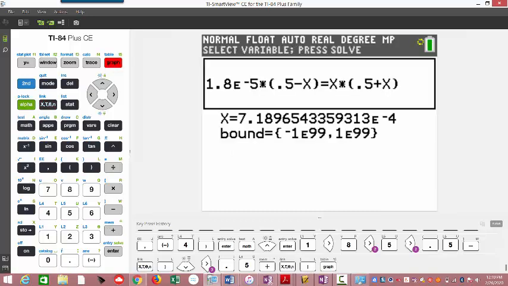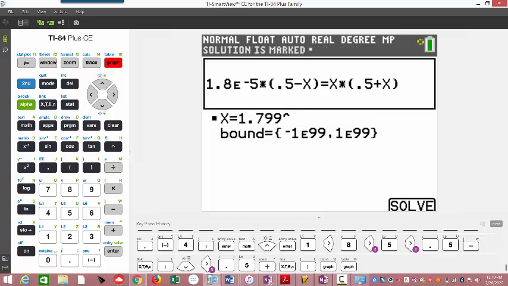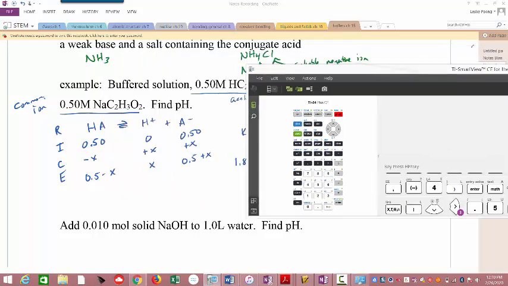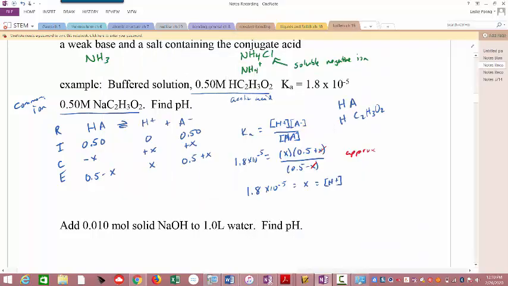And so we hit OK to solve. We've got our answer from the last time we did it, so we hit solve again. And we have 1.799 times 10 to the minus 5, which confirms that, yes, that is what we have.